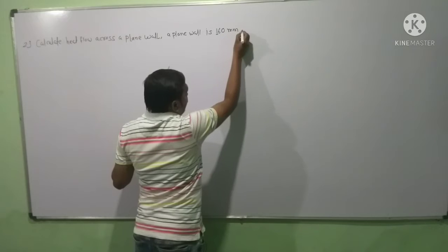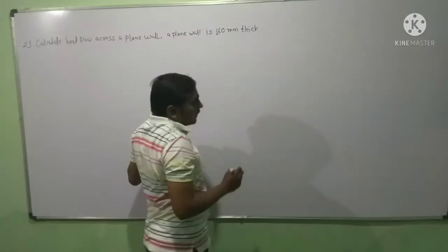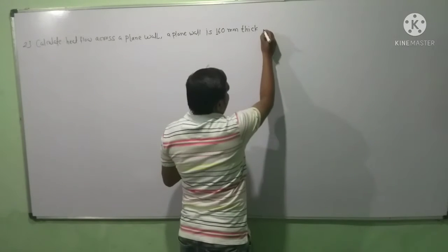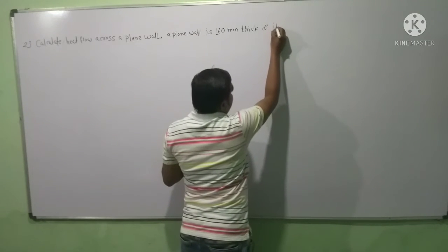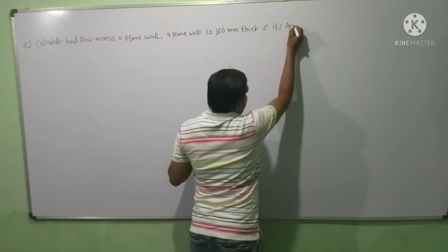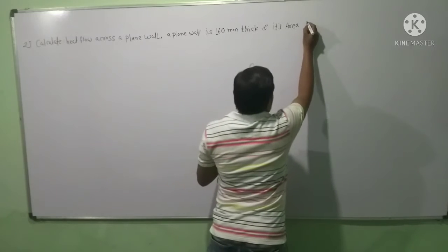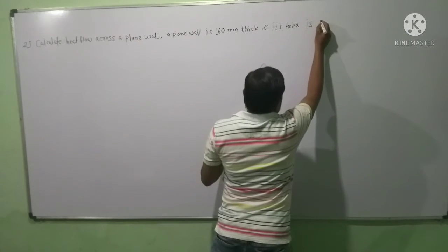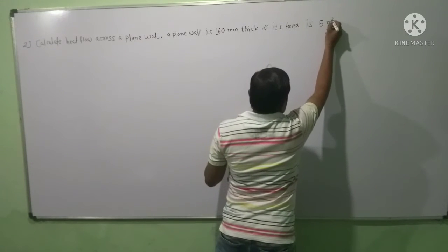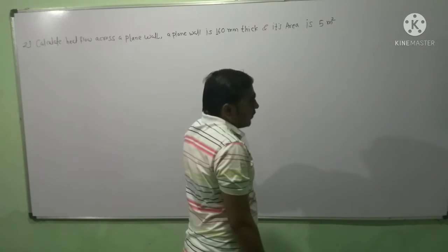Thickness of plate has given. And its area, area of that wall is 5 meters square. Area of plate has given, that is 5 meters square.